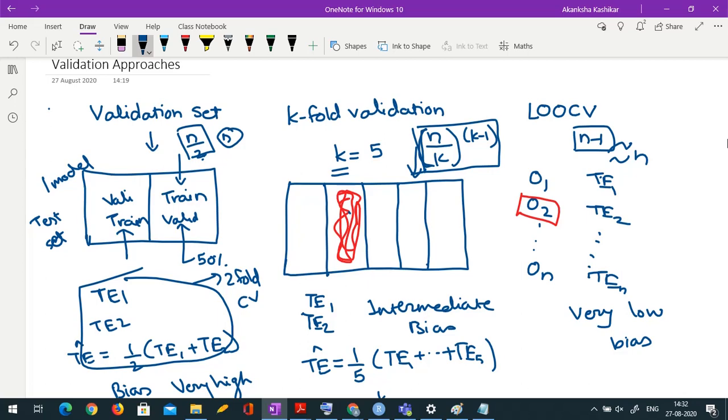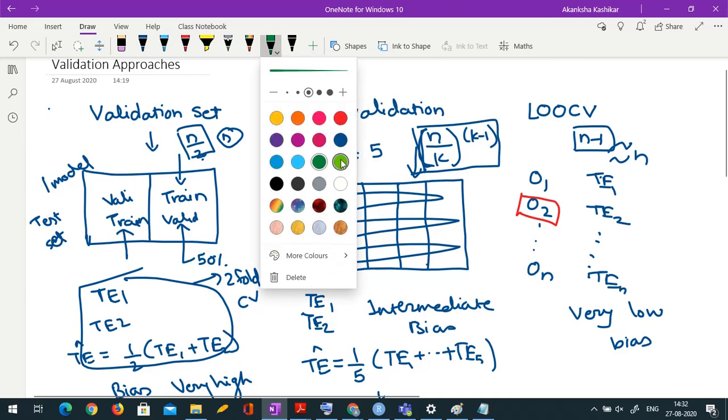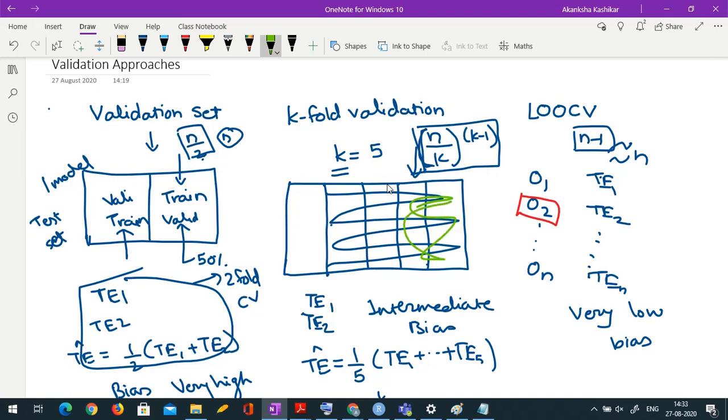Each model will have some common component as training set, right? For example, when I fit the first model, we know that the second, third, fourth and fifth parts are all used for the training data. When I fit the second model, what consists of my training data? My training data consists of these, plus this, plus this.